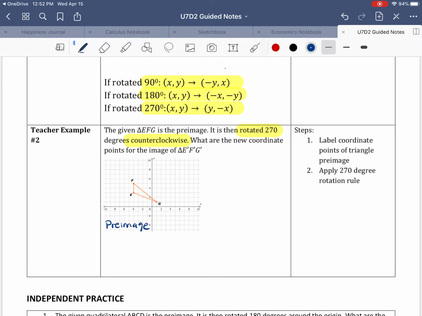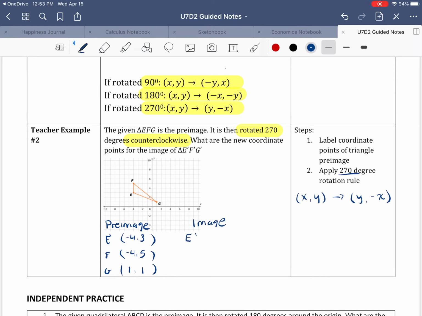Our pre-image coordinate points E, F, G. And this shape is actually the same as the one from before, so I'm just going to put down what we had before. And now our image rule is going to be our 270-degree rotation. So all our (x, y) coordinate points become (y, -x).